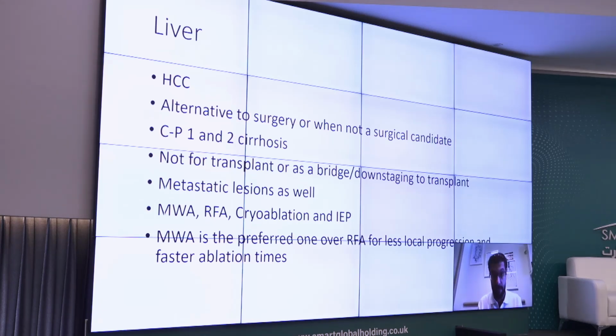for them to stay transplantable, we do ablation as a bridge, or sometimes we downstage them. For example, they have multiple lesions or a few lesions that are outside the criteria that specific center is using.